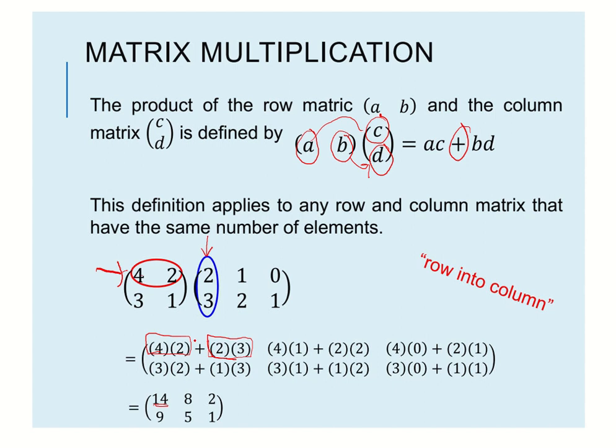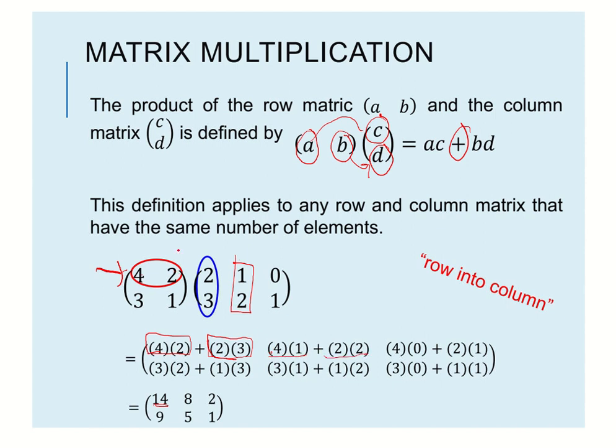Now, after we complete the multiplication for the first column, we move to the second column, remaining on the first row. Again, we repeat: first entry multiplied by the first entry, so we have 4 times 1, and 2 times 2.